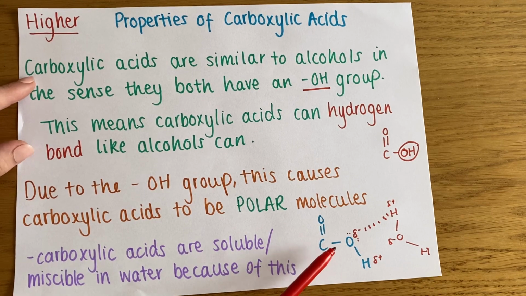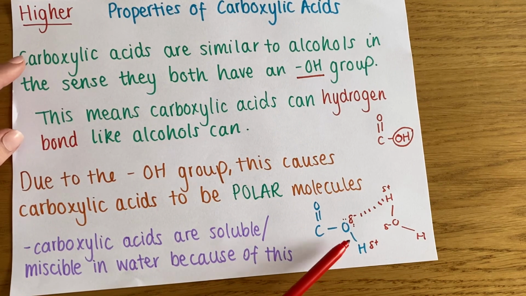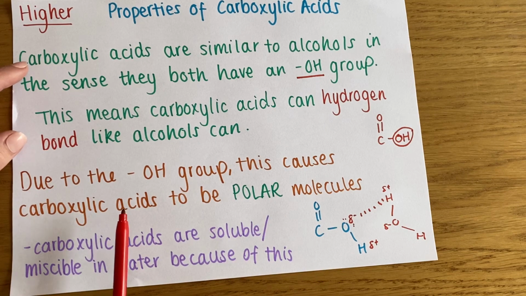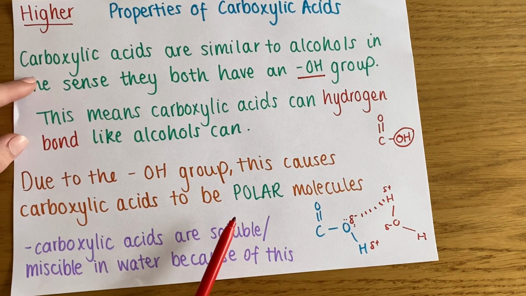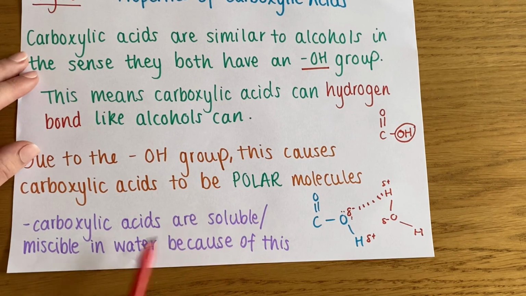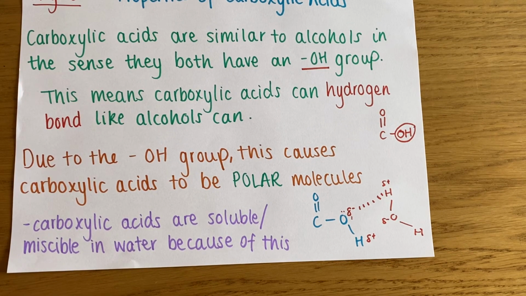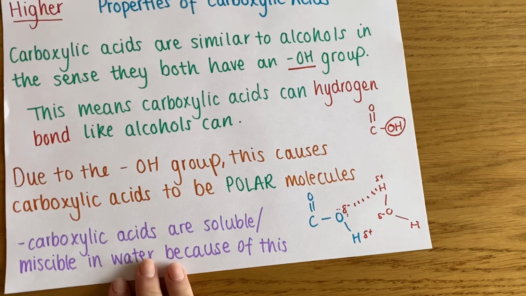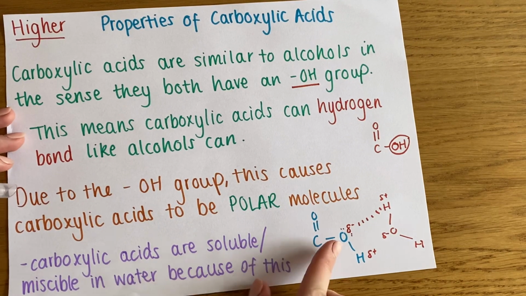Okay, because of this difference in electronegativity, your carboxylic acids are polar molecules. Okay, and because they're polar, remember, like dissolves like, so carboxylic acids are soluble and miscible in water because of this. Because water is polar, so polar dissolves polar, and because it's polar, it can interact with the water molecule like such.